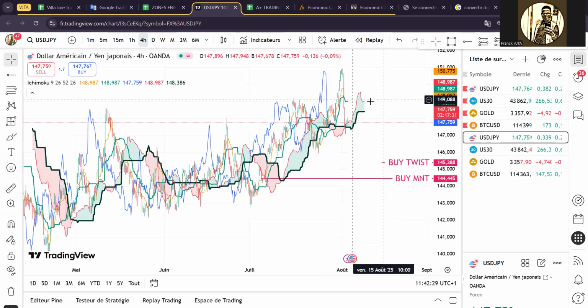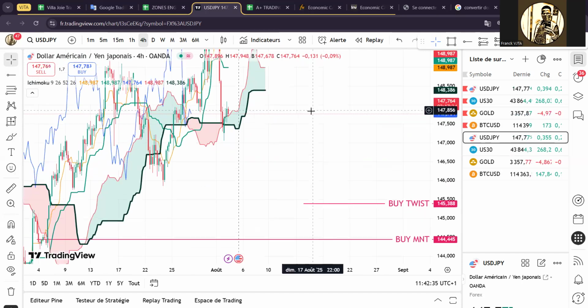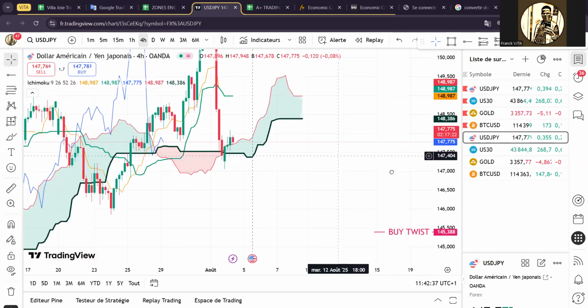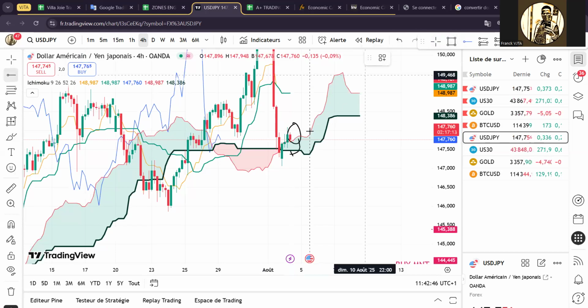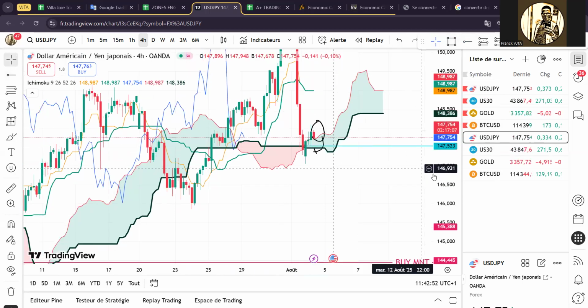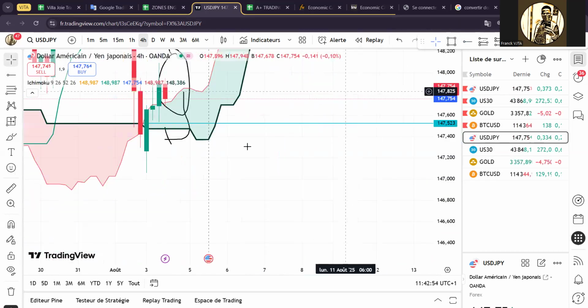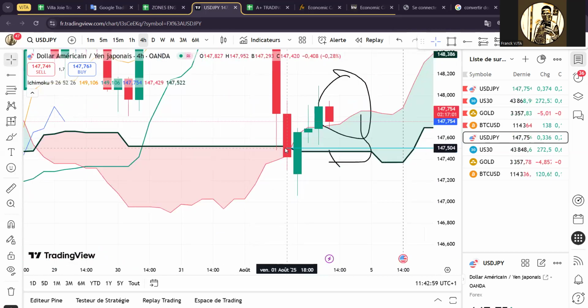Let us do it also on 4 hour. On 4 hour, when I zoom in well, I identify where the price is now. The price is now here. I look down and I look left, and I identify that I have a twist here. I will take the 4 hour line, a light sky blue color.